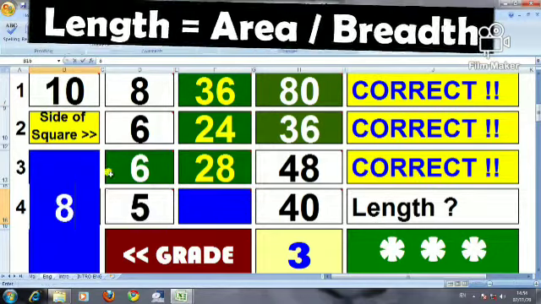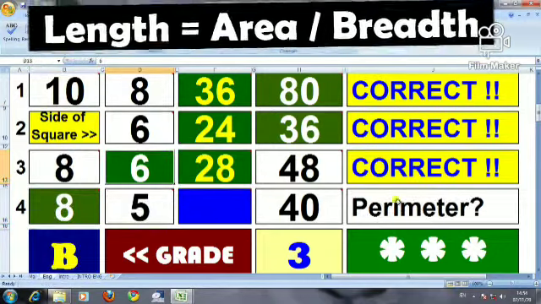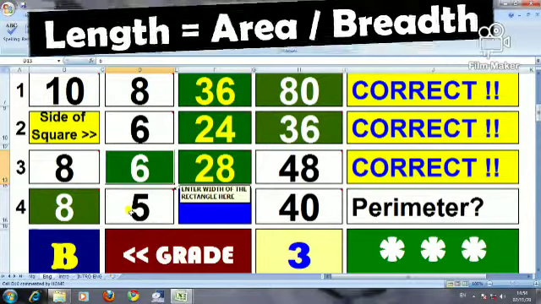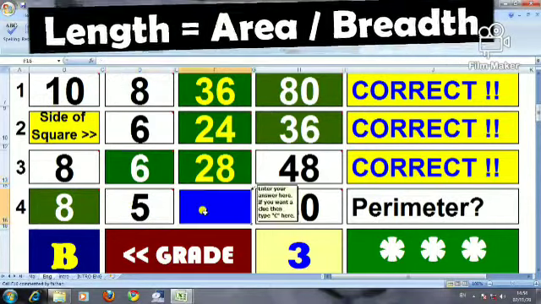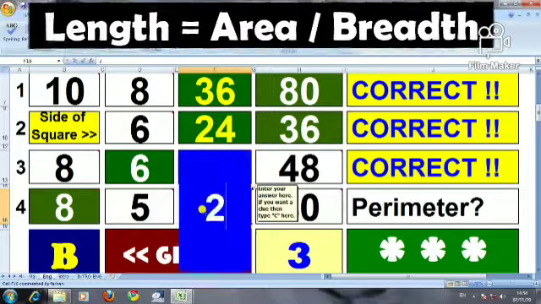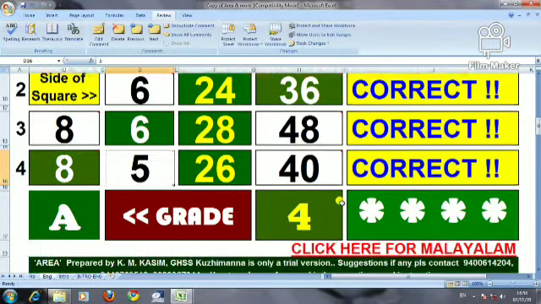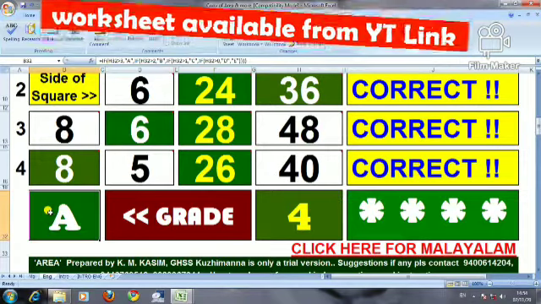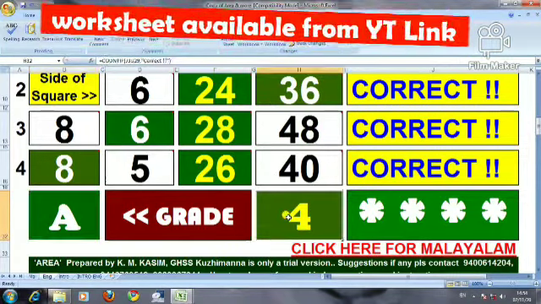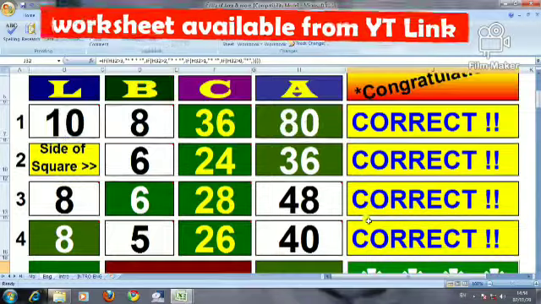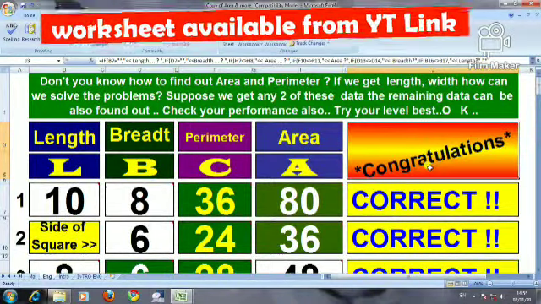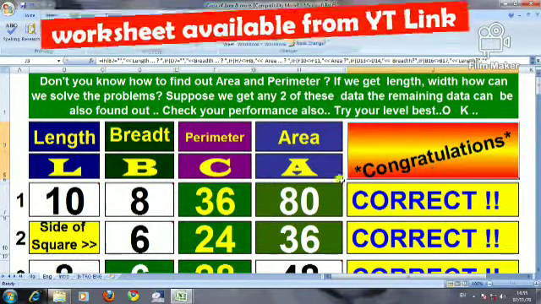We have to enter 8 here. See, now perimeter: 8 plus 5 is equal to 13, into 2 is equal to 26, that we add here. So all are correct. We have got A grade, 4 marks and 4 stars. See, congratulations is given here. That's all about this one.